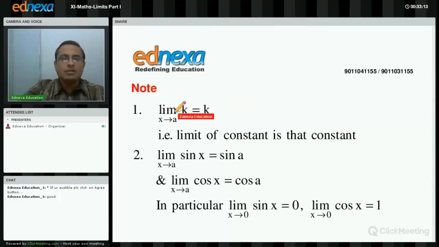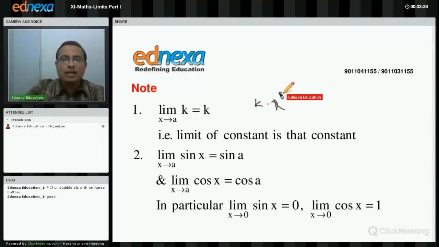Now some standard results. What is limit of constant as x tends to a? It is going to be k only. Now I'll tell you the reason for that. Can I write k as k into x raised to 0? Yes, I can. As x tends to a, this k into x raised to 0 will tend to k into a raised to 0.